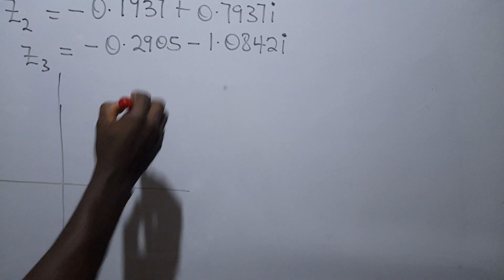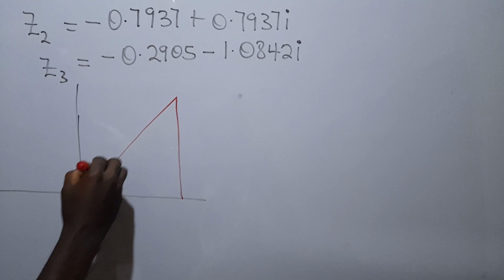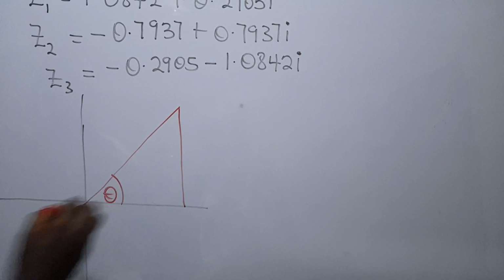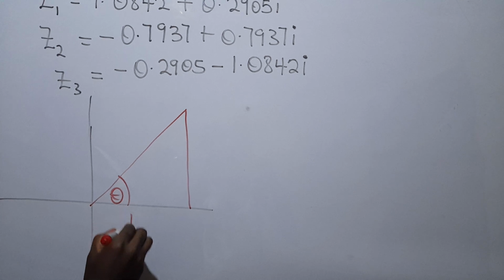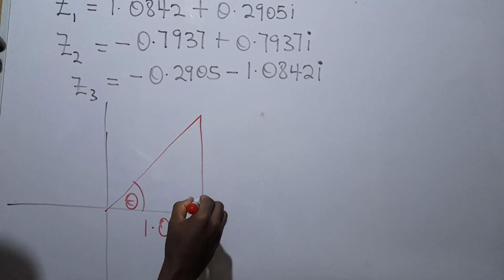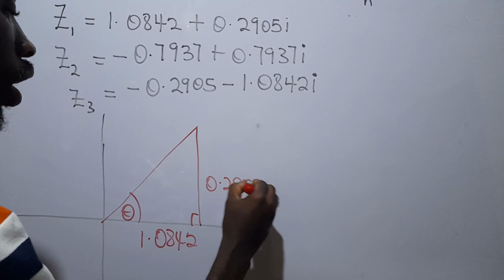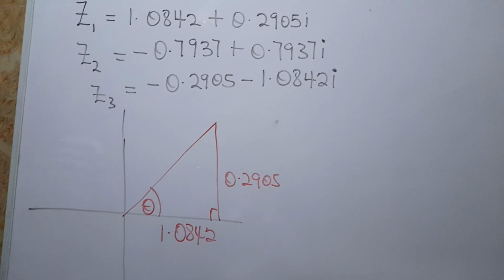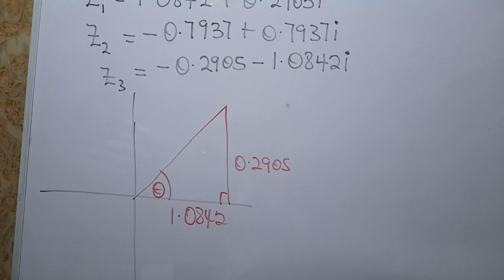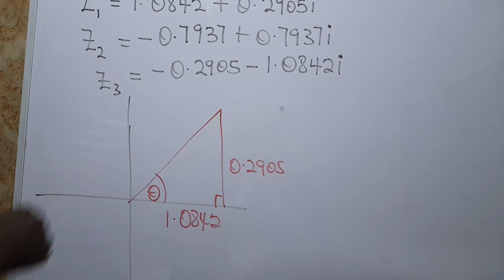So we'll have this, where our theta will be here. We have 1.0842 and then 0.2905. That's the imaginary part on the y-axis, and the real part on the x-axis for the first one.